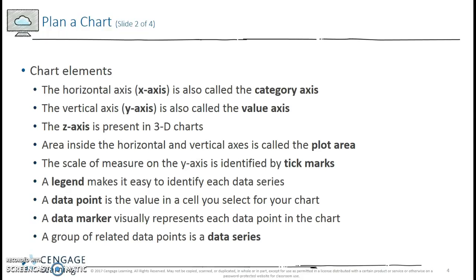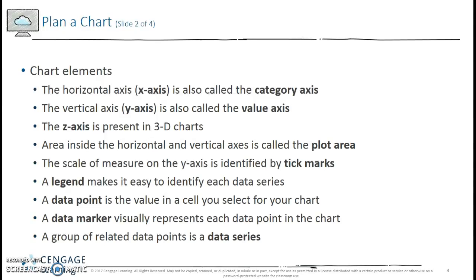The z-axis is in 3D charts. Area inside the horizontal and vertical axes is called the plot area. So you have a bunch of data and it's plotted on the x and the y axis, or the category and value axis.